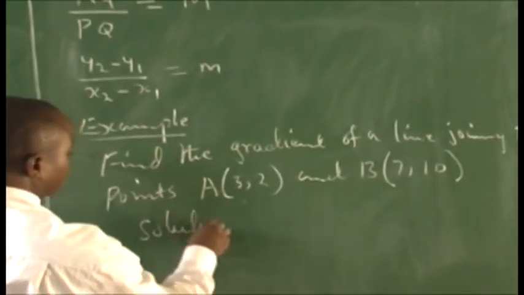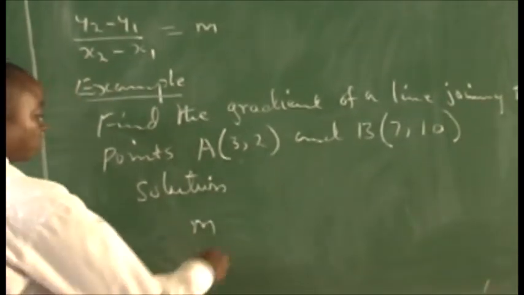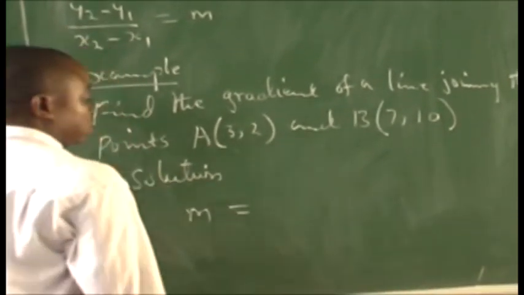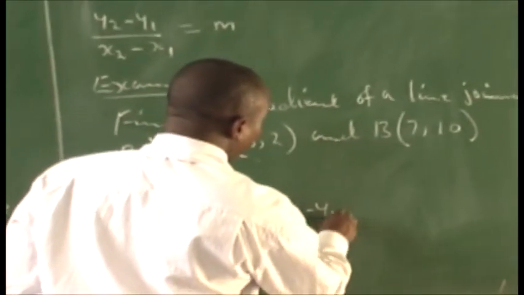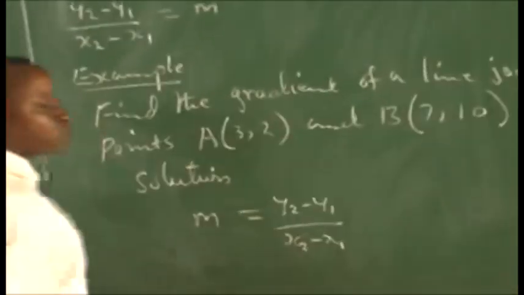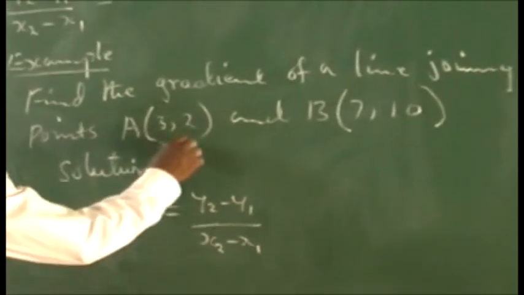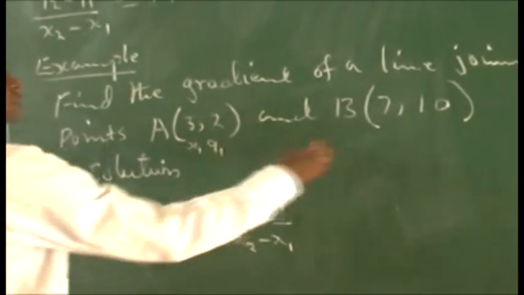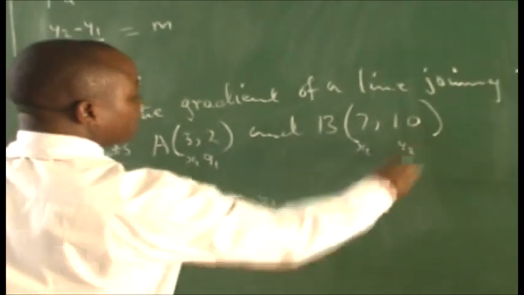solution, the gradient m will be equal to, like I said, y2 minus y1 all over x2 minus x1. And here we know that this is our x1 and this is y1, that this is x2 and this is y2.